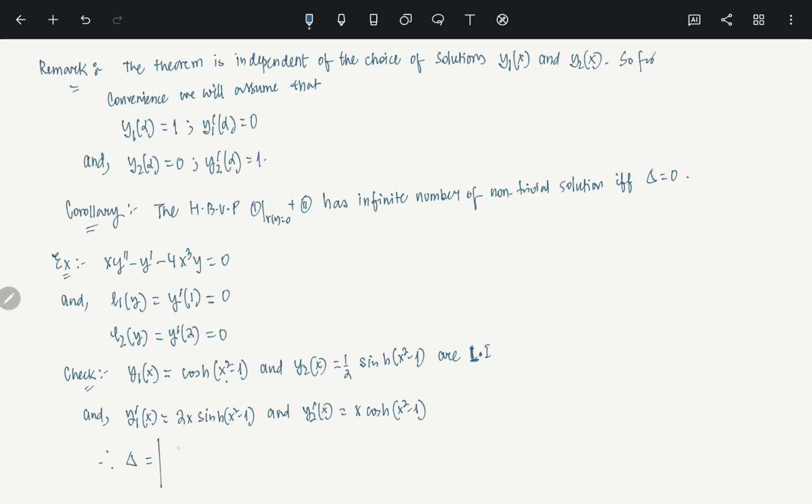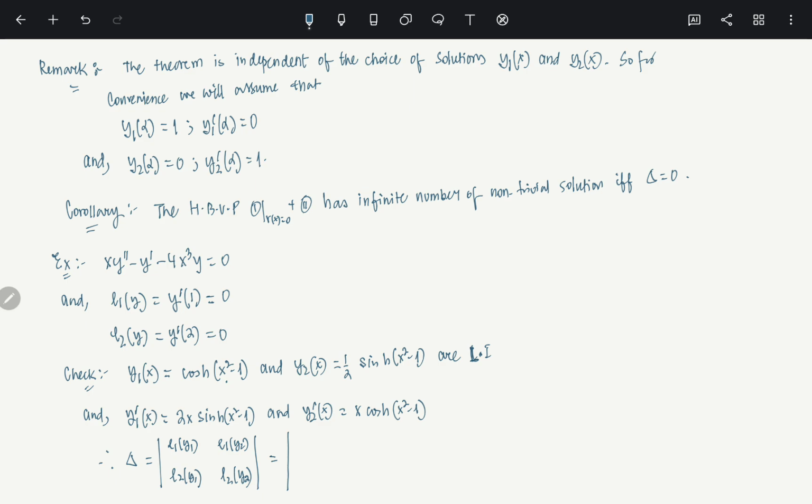Delta is nothing but the determinant of L1 of y1, L1 of y2, L2 of y1, L2 of y2. Okay, so what is L1 of y1?